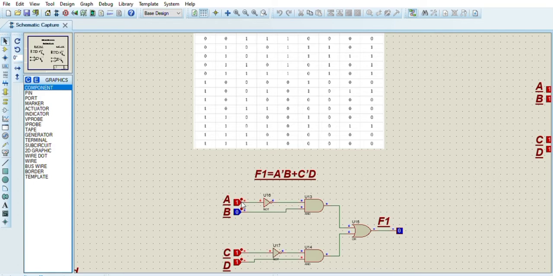So 1 0 1 1 is showing that the logic state 0 is appearing. So if it is at 1 1 0 1, the LED will get turned on and is showing the 1 logic state.